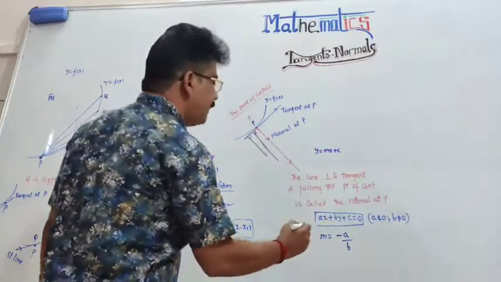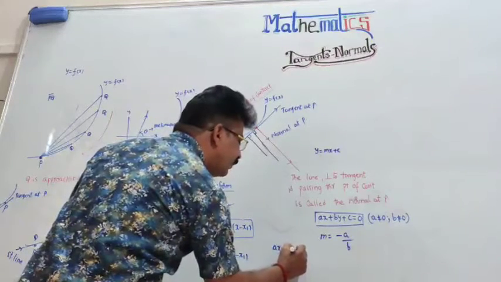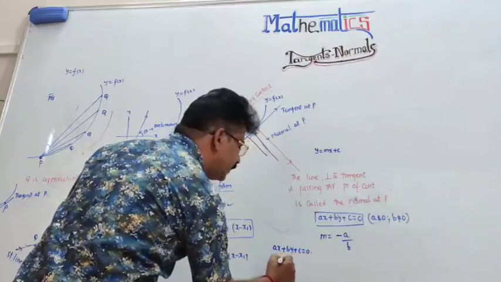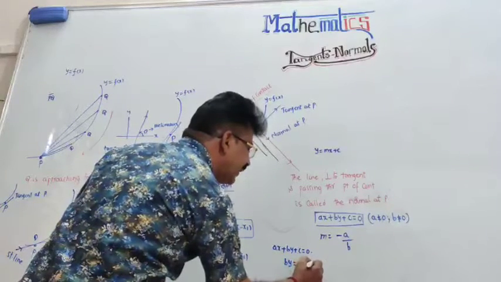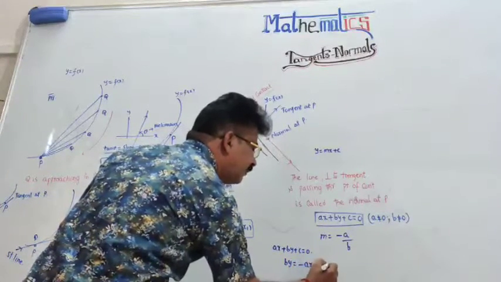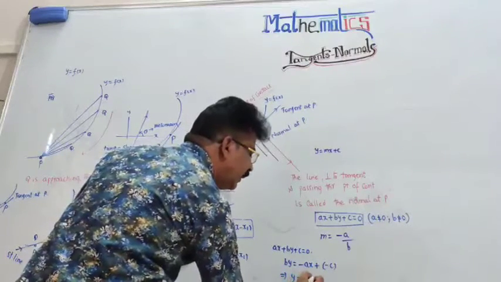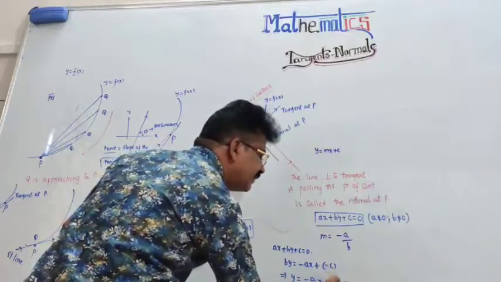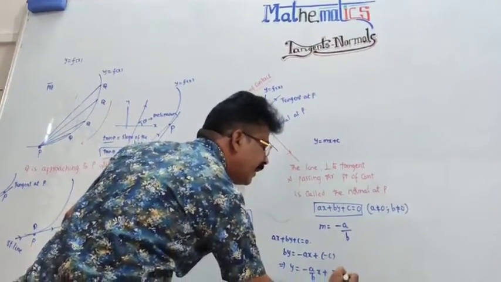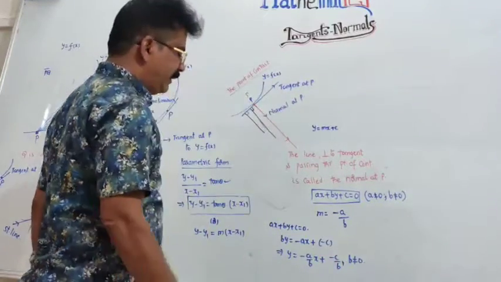For example, ax plus by plus c is equal to 0. Then by is equal to minus ax minus c. So that implies y is equal to minus a by b into x plus minus c divided by b. Of course, it is to be understood that b is not equal to 0.